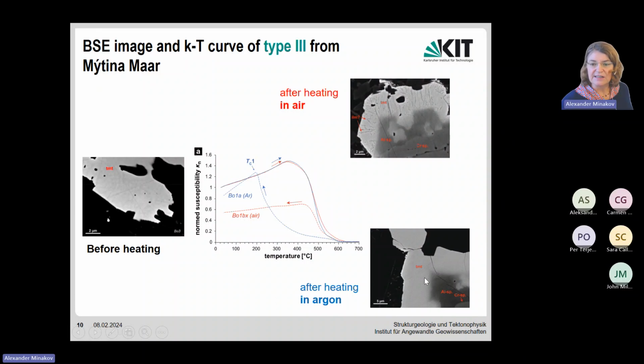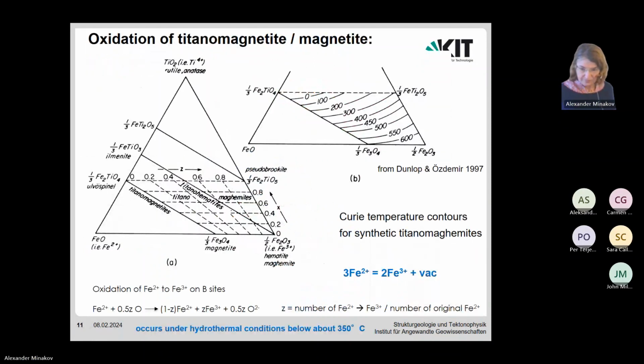You see the titanomagnetite is very homogeneous, related to this Curie temperature, to this composition. And in this case, when we are heating it in air, you see a decomposition. And this is actually the high temperature oxy-exsolution that I have shown you before. Susceptibility goes down because you have some ilmenite forming, but the composition of the titanomagnetite doesn't change anymore. What this oxidation does is it increases your originally homogeneous titanomagnetite Curie temperature to higher temperatures. That's actually what we see in this irreversibility.